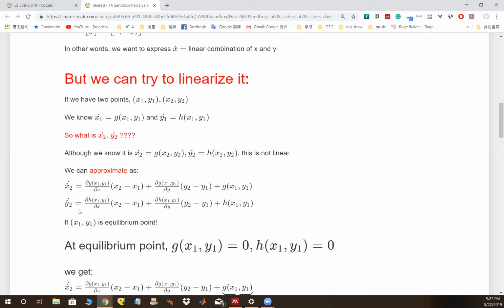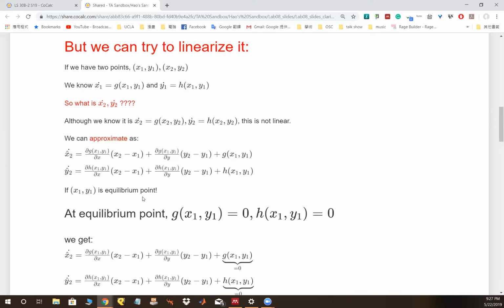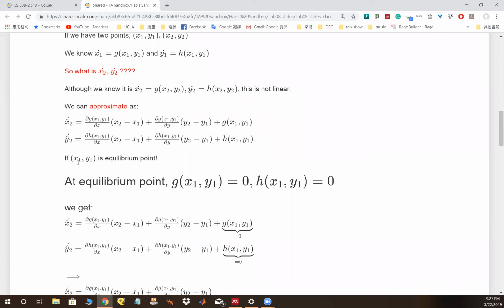Now you may ask, so what's the benefit? Why do that? Because this could help us analyze the equilibrium point. Say, wait, how do you do that? So let's just try. From here, we assume x1 and y1 are the equilibrium point.